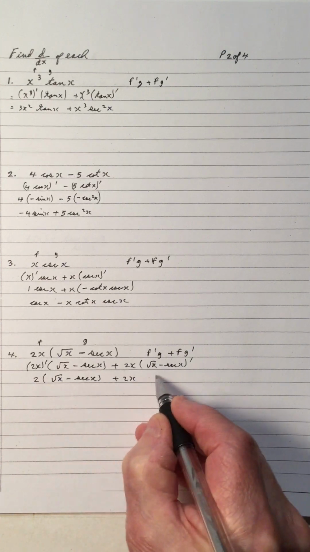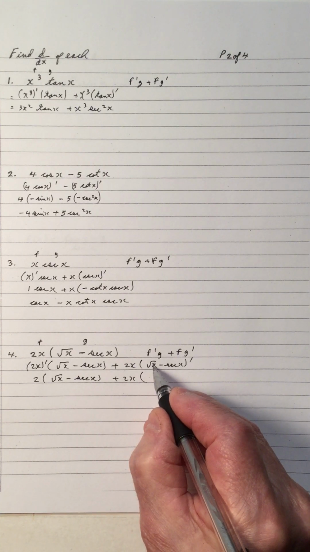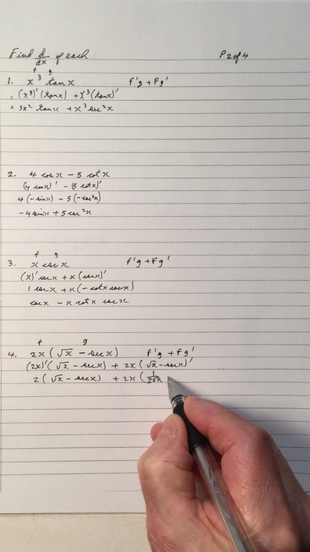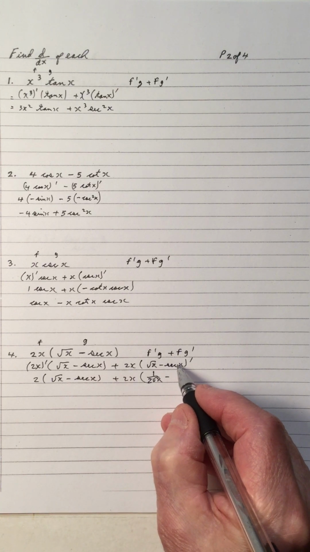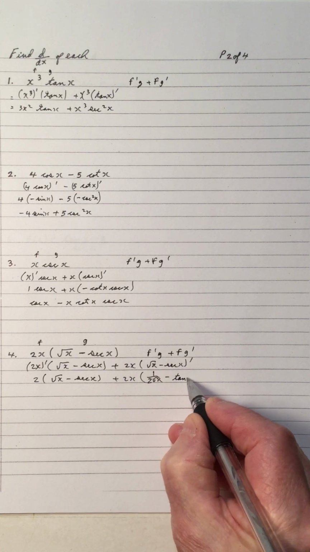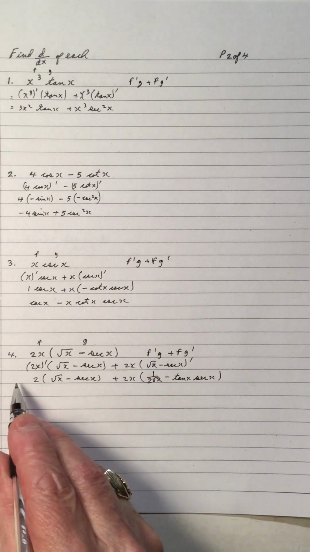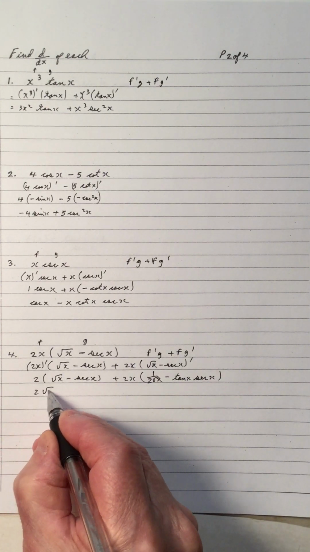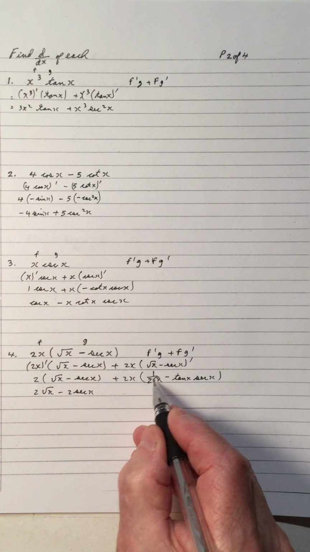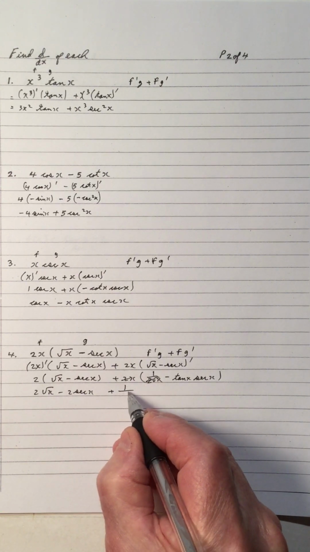And we got 2x. Now we do the derivative of this difference in here. So the derivative of root x is 1 over 2 root x, and the derivative of secant is tan x secant x. And we simplify this, so that's 2 root x minus 2 secant x. Simplify here, and the 2's cancel.